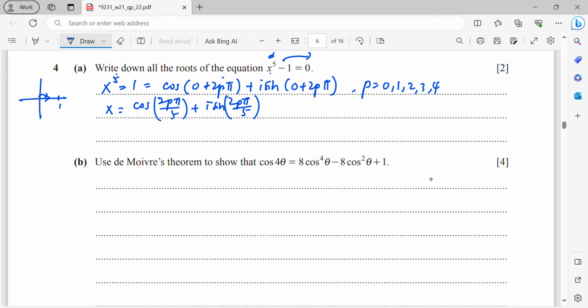Because when you move the 5 to the right side, it will be x to the power 5 equals 1, which means x is 1 to the power 1 over 5. Because of the 1 over 5 here, according to de Moivre's theorem, you just bring it into the theta, to the angle. So I'm getting this now. So now just need to replace p by 0 until 4, and you'll be getting the answers.